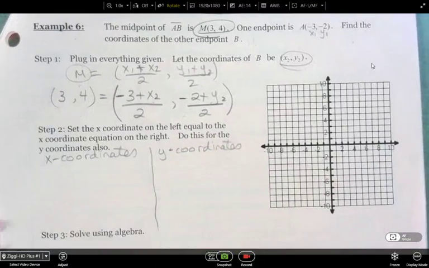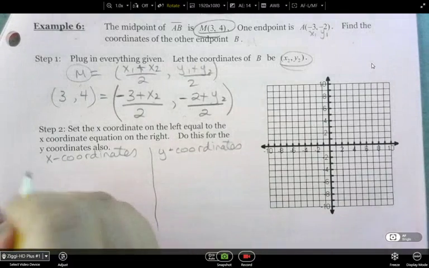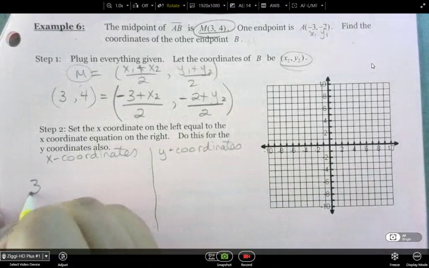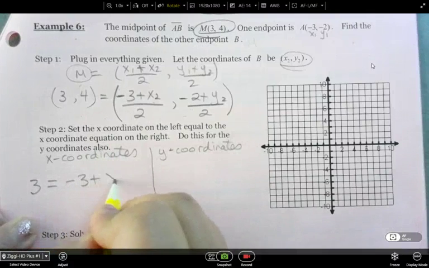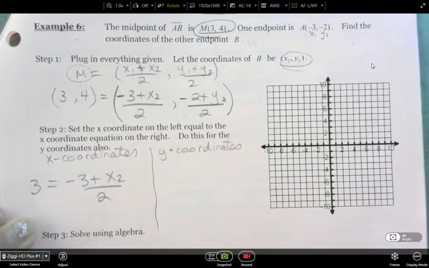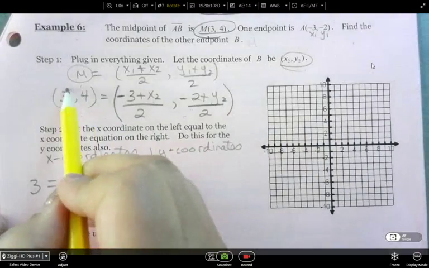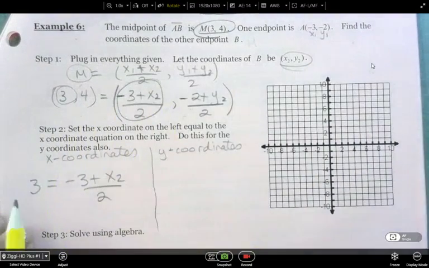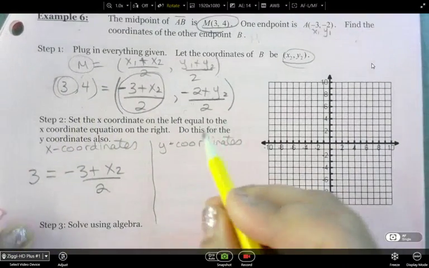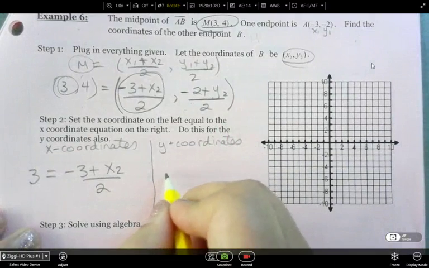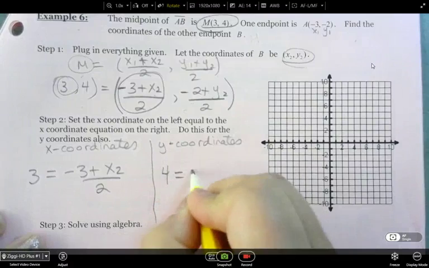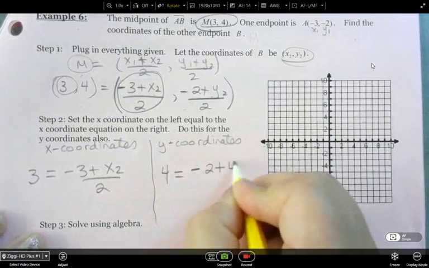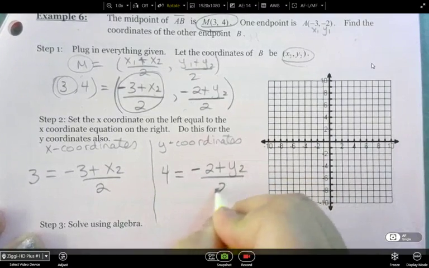All right. So what is my x coordinate equation going to be? 3 equals -3 plus x2 over 2. So that comes from this and this. And now, what is my y coordinate equation going to be? 4 equals -2 plus y2 over 2.